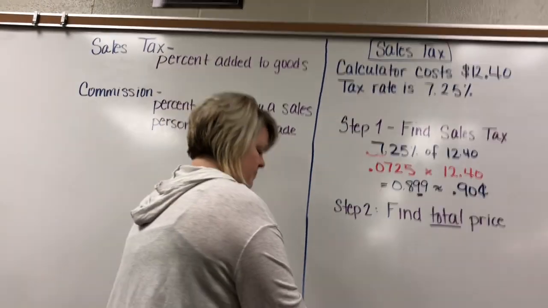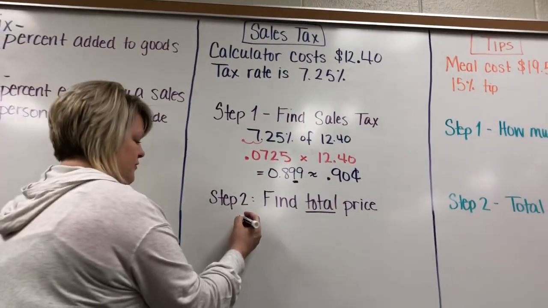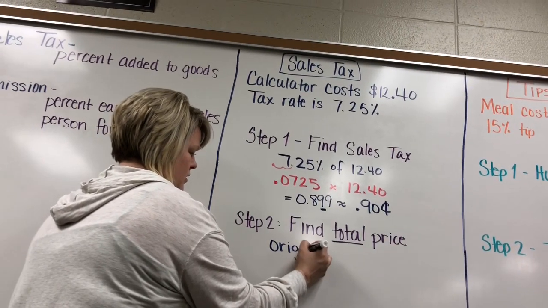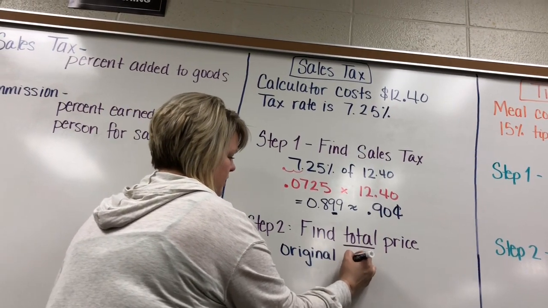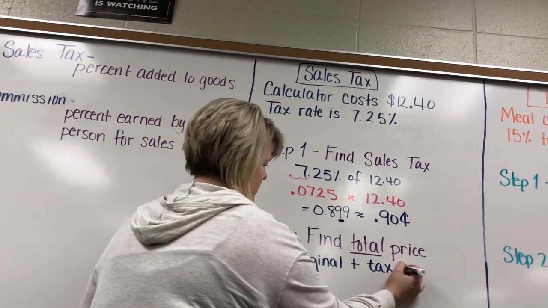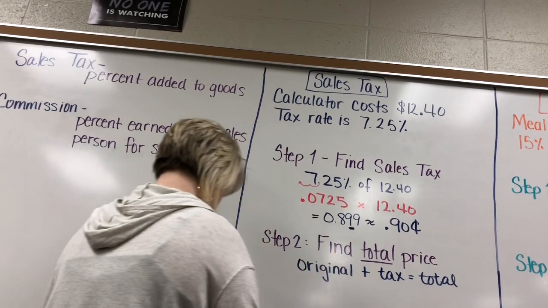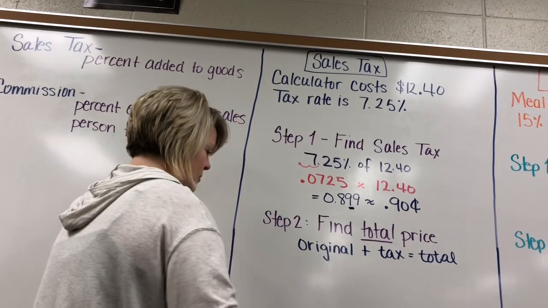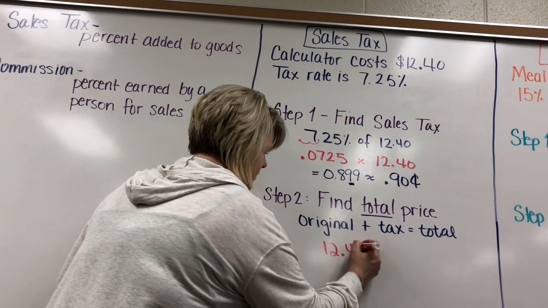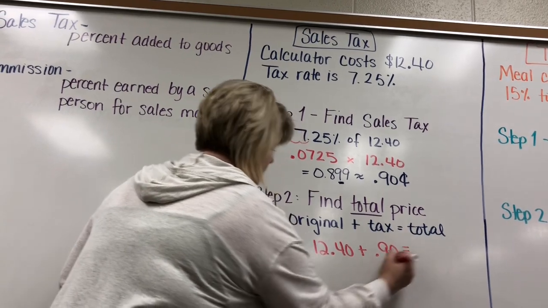Okay, the second step then is to find the total price. So you have to go back to your original plus your tax is your total. So my original was $12.40 plus my tax of 90 cents.